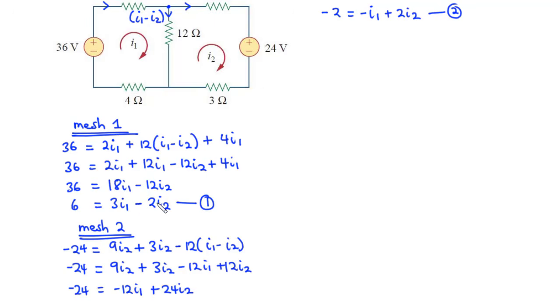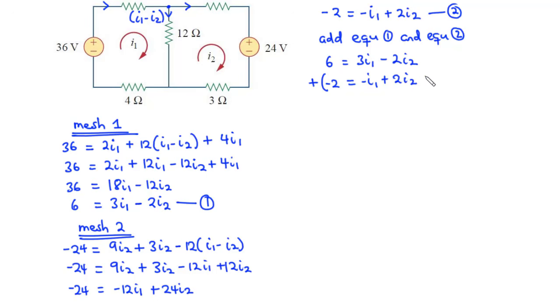Now for equation 1, we have negative 2I2. Equation 2, we have positive 2I2. So we can add the 2 equations to do away with I2. So let's add equation 1 and equation 2. So for equation 1, we have 6 equals 3I1 minus 2I2, and then plus equation 2, negative 2 equals negative I1 plus 2I2.